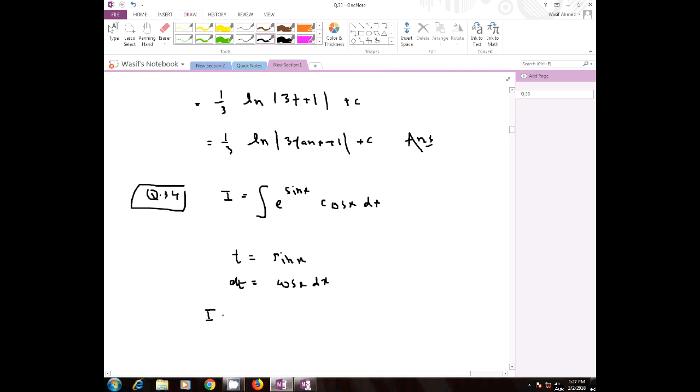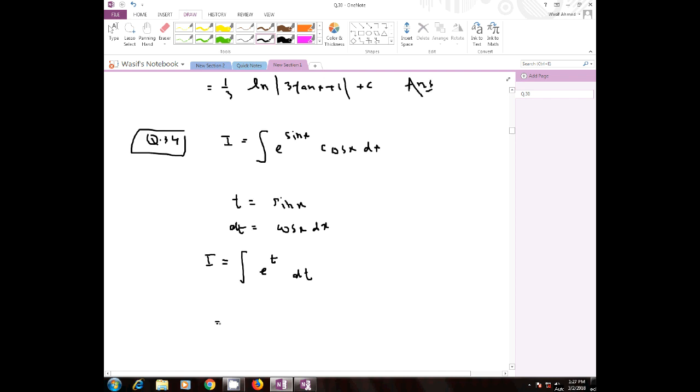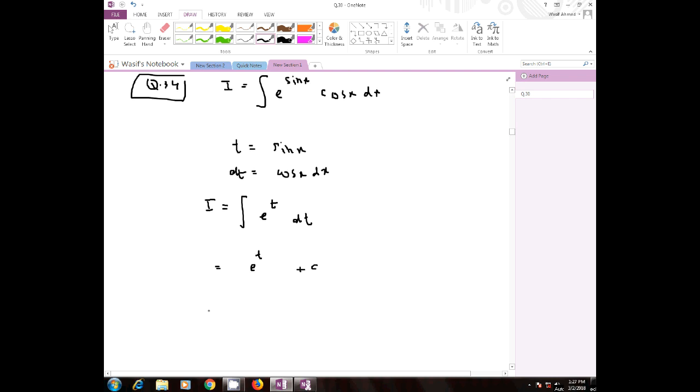Therefore your integral becomes e raised to the power t, and instead of cos x dx we have dt. From the table of integrals, the integral of e raised to the power t is e raised to the power t plus a constant of integration. So we have e raised to the power sin x plus constant of integration. So this is the answer of your question.